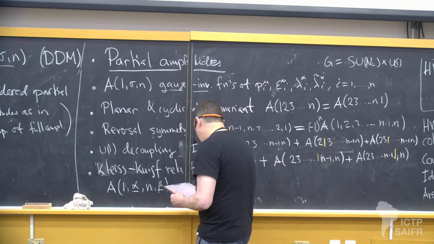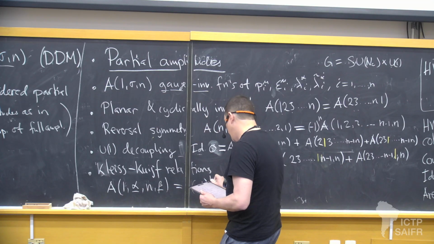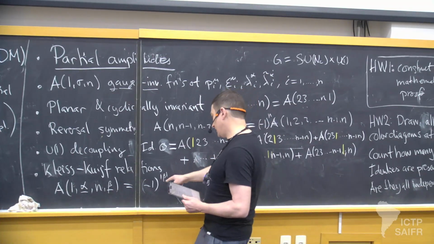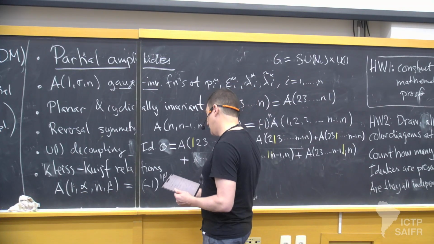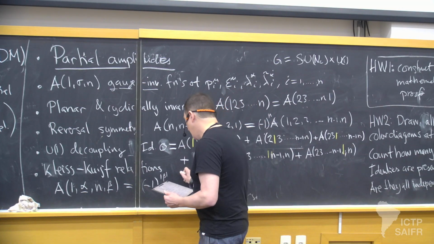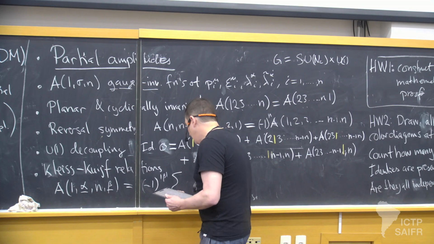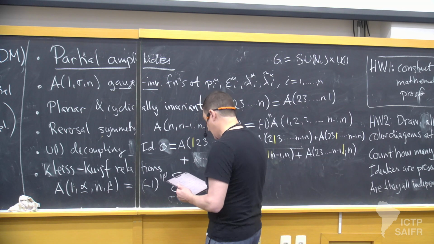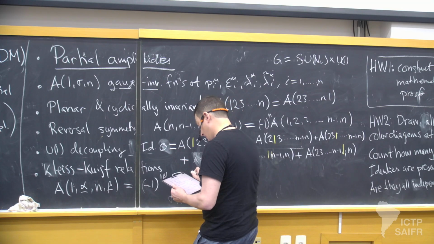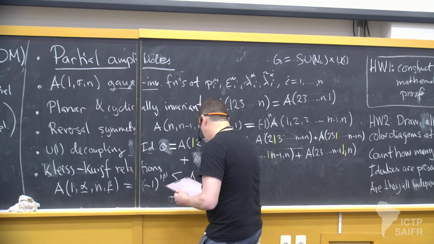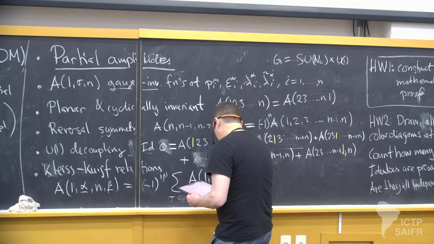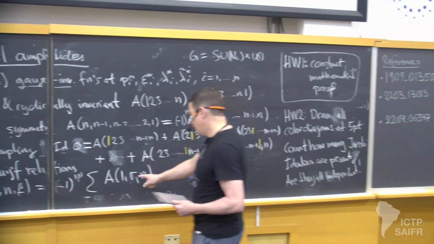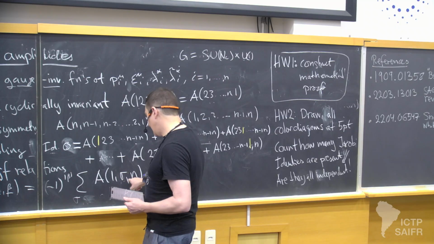There's a formula for that: minus 1 to the power of the number of beta elements, which I denote by the absolute value of beta, times a sum over permutations sigma. It's in this DDM basis, where we have sigma in the middle and n at the end.